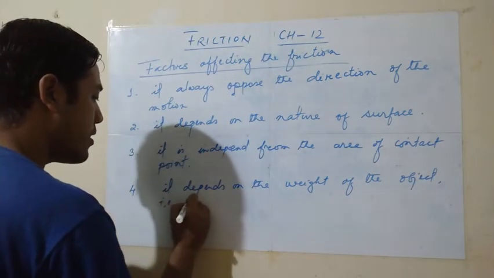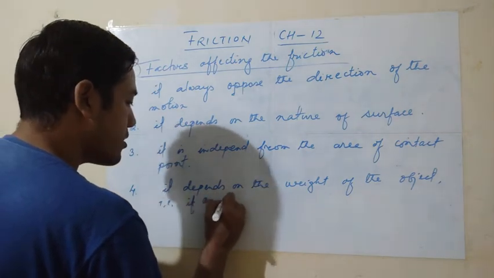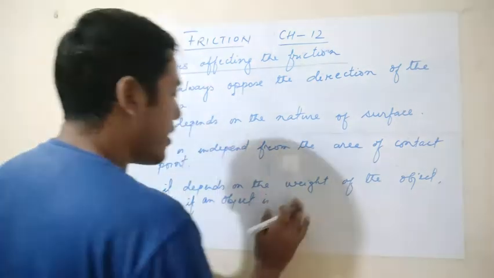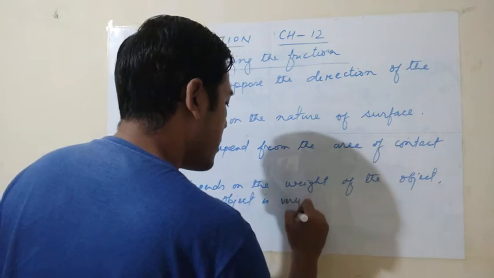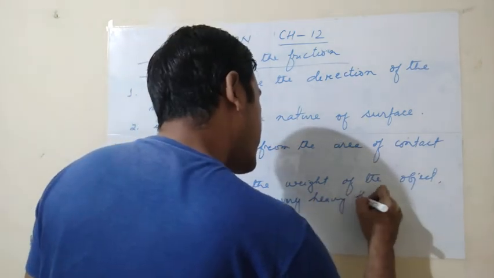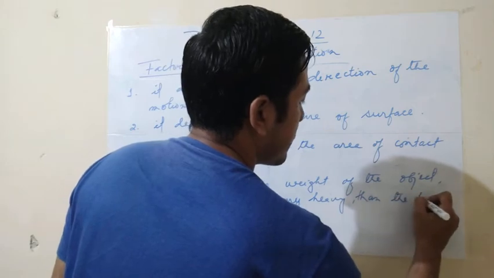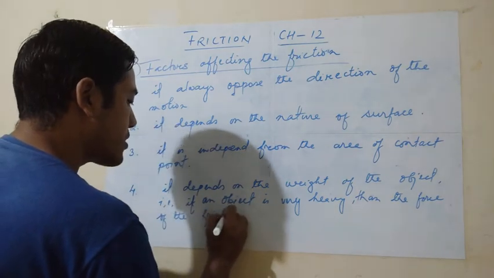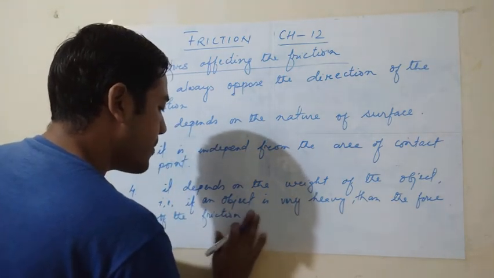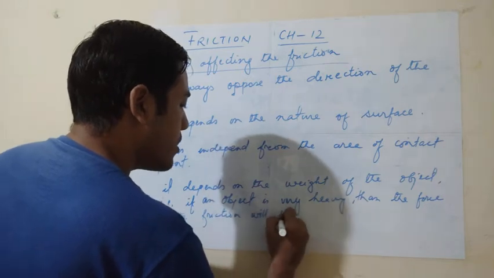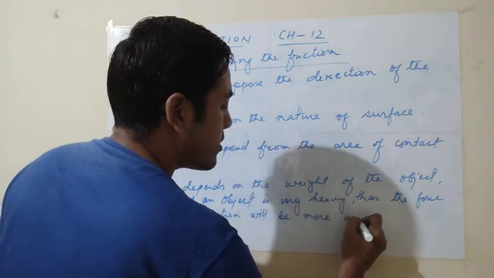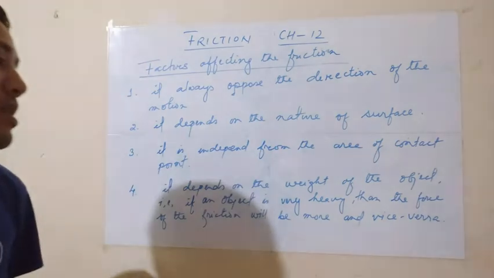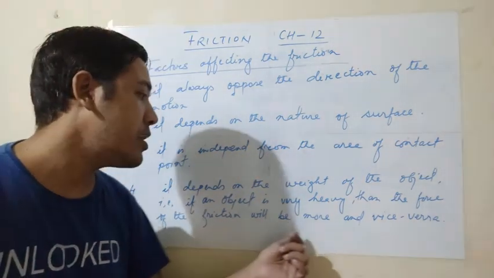That is, if an object is very heavy, then the force of friction will be more, and vice versa. If the object is very light, then the force of friction will be less.